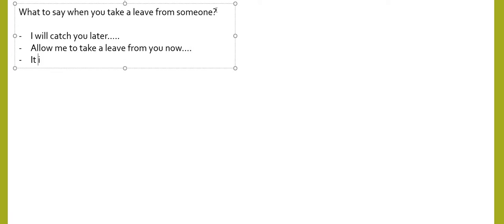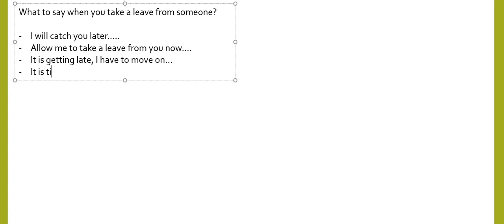Okay. It is getting late. I have to move on. You can say it in that way. It is time to take a leave from you now. You can say it in that way.